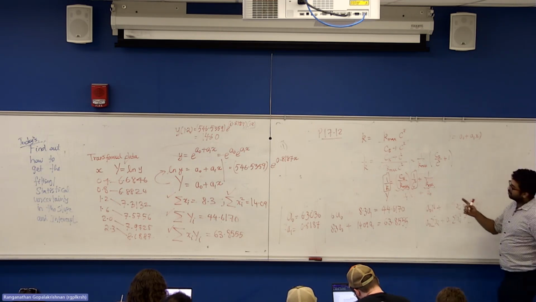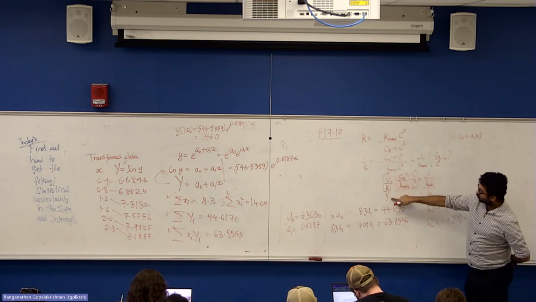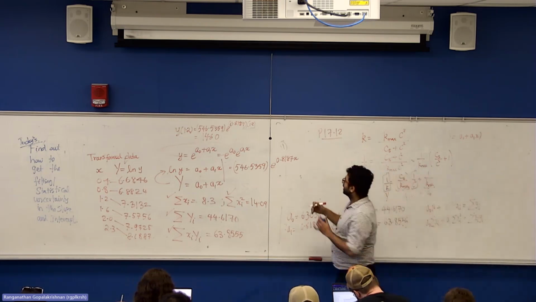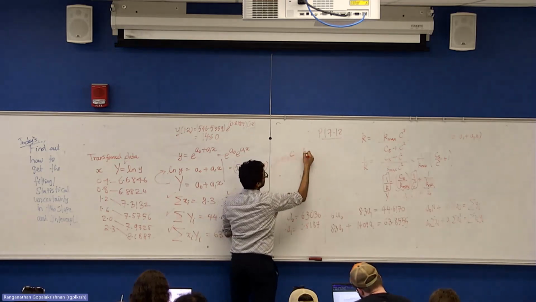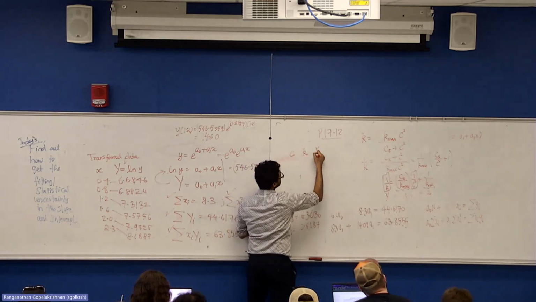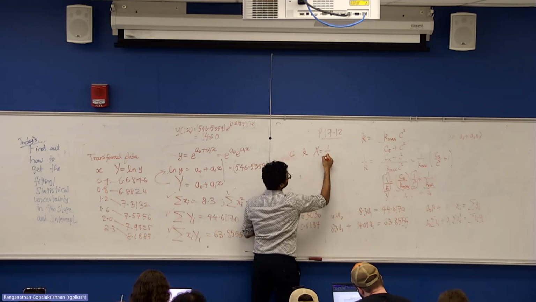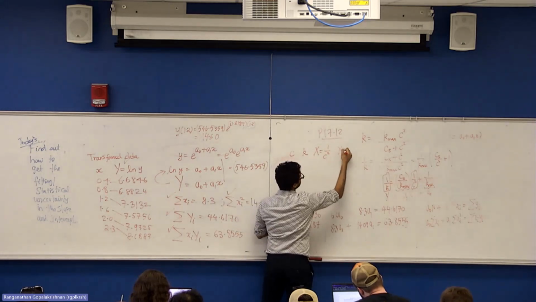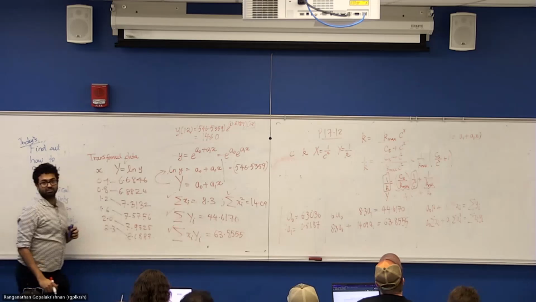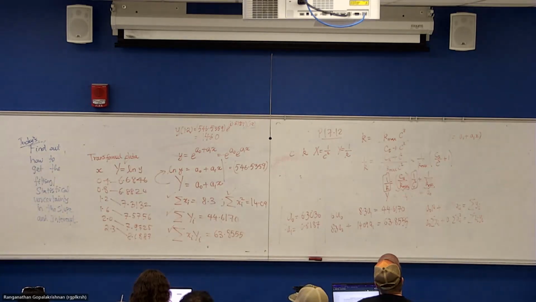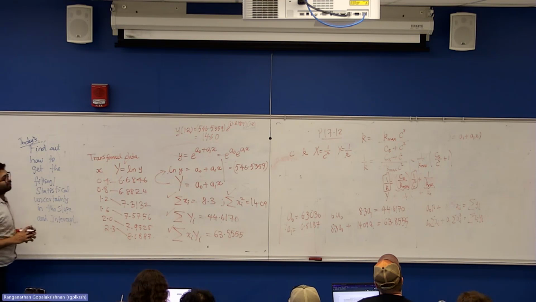My original data looked like this: I have C, I have K. I'll define x equals 1 over C squared and y equals 1 over K.